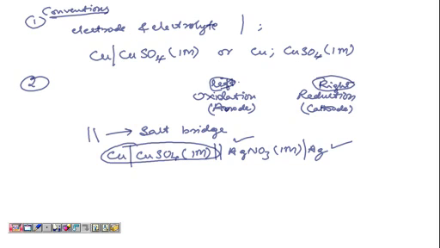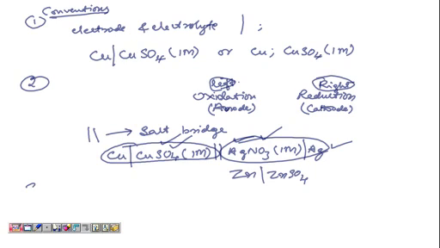When zinc is present along with it, the copper will act as the right hand side electrode, that is, the reduction electrode. The same electrode can act as an oxidation electrode or a reduction electrode depending upon the other electrode present. If the other electrode is silver, copper sulfate becomes the oxidation electrode. If the other electrode is zinc dipped in zinc sulfate solution, then copper sulfate will act as the right hand side electrode, that is, the reduction electrode.